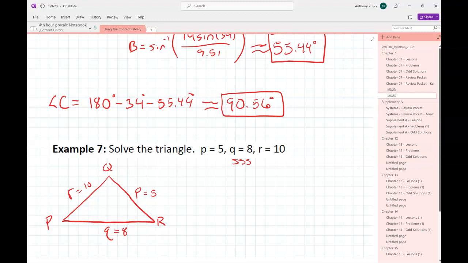So before I get started, I have to check to see, is it even possible to make a triangle that has side lengths 5, 8, and 10? Does anybody remember the rule to do that? It's from geometry. It doesn't come up very often, so if you don't remember, that's okay.